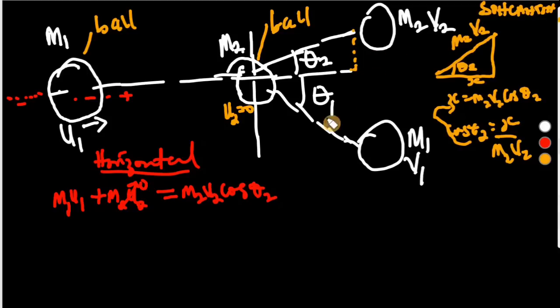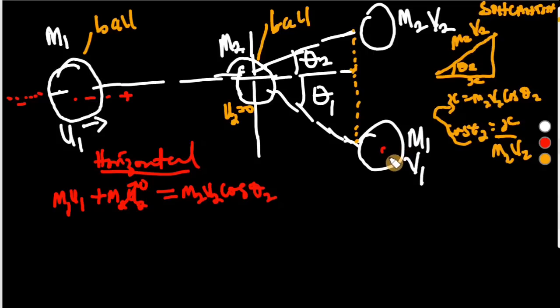So for body 1, still resolving this, let us find the horizontal component of body 1 after collision. I call it body because we're talking of the ball, so if I say body, you know I'm talking about the ball.